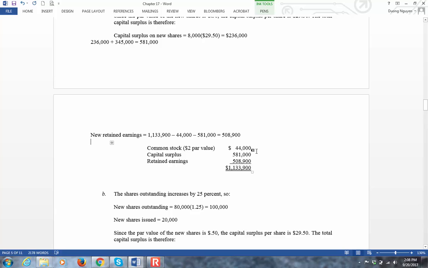The common stock value in the new account is 40,000 previously, plus the par value for the new shares. You have 8,000 shares, and each share has a par value of 50 cents, so the total is 44,000. Okay, that is the common stock value, 44,000. Capital surplus is 581,000, and new retained earnings is 508,900.